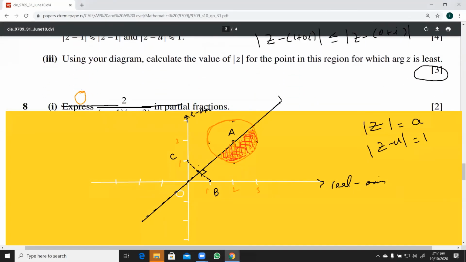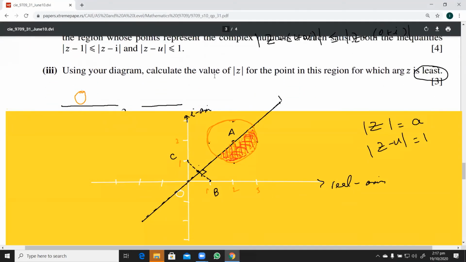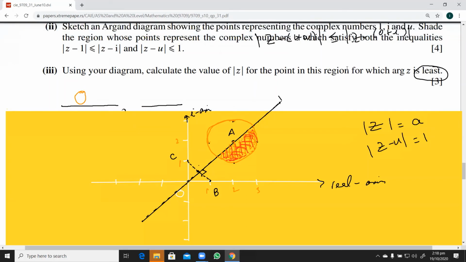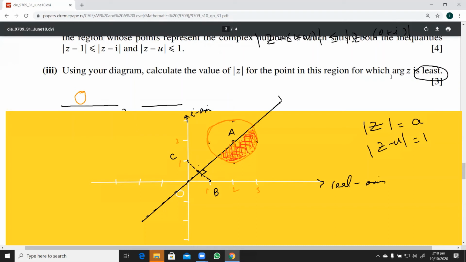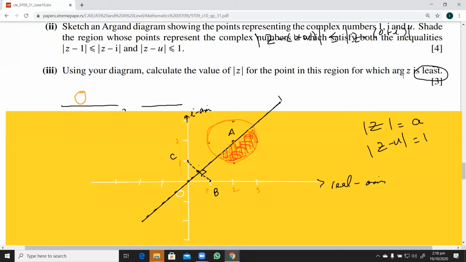It says, using your diagram, calculate the value of modulus of Z for the points in the region for which the argument is least. Where would be the argument least? So you should use the tangents for the argument.